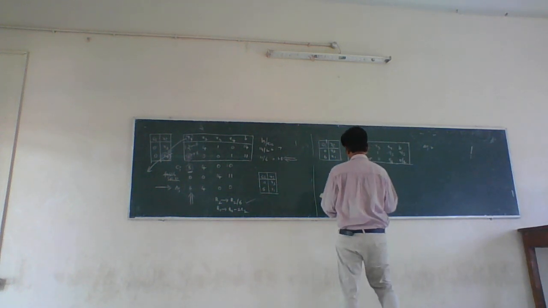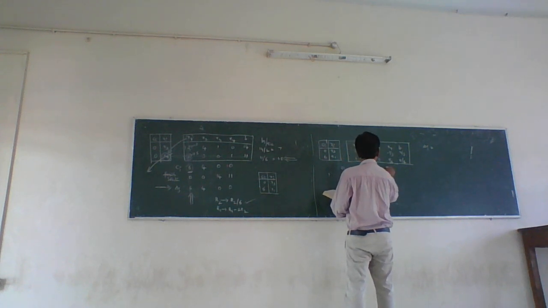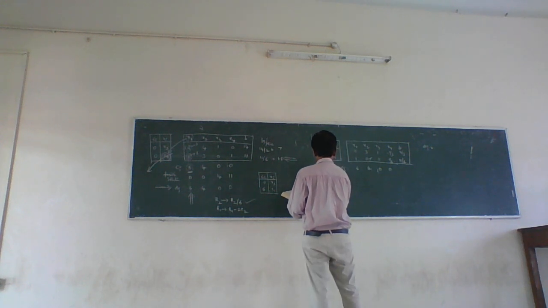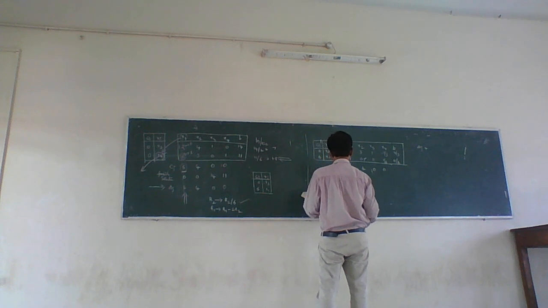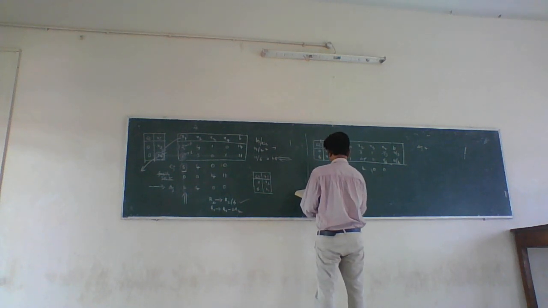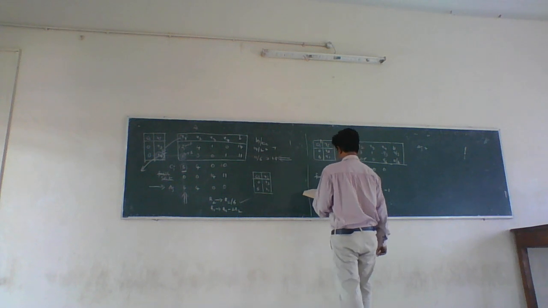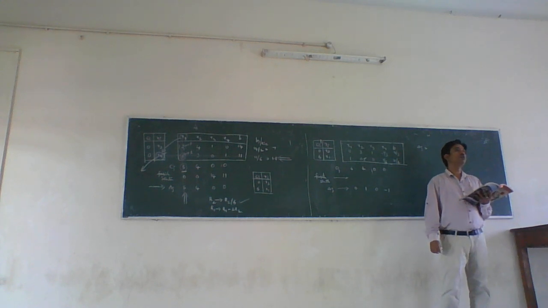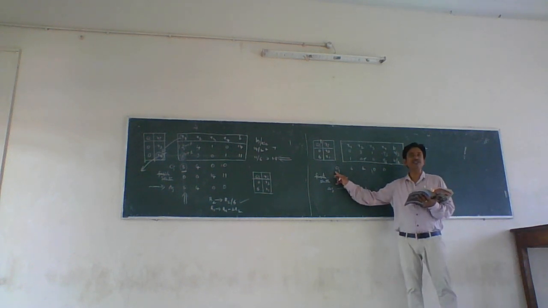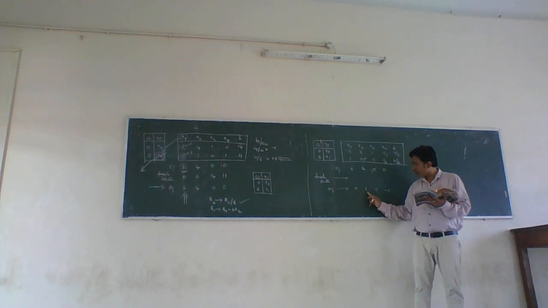I write here. Now you have calculated delta j, you got 0, 1, 0, minus 1.